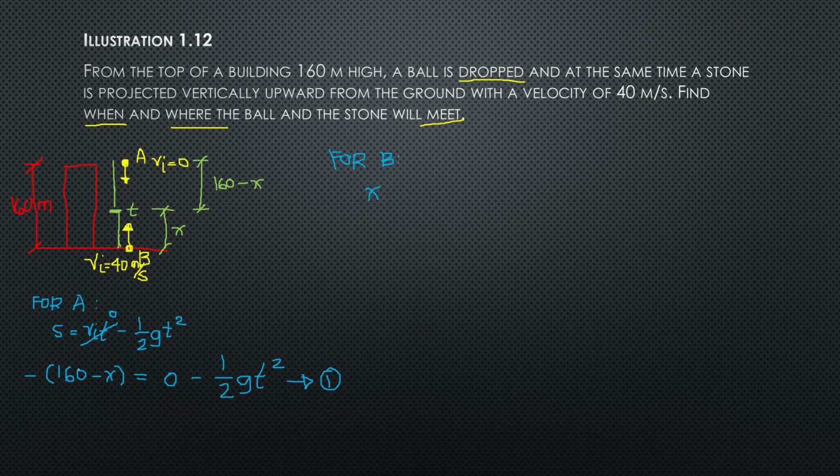So x equals the initial velocity of the stone, 40, multiplied by time, then minus 1/2 gt squared. This will be equation 2.